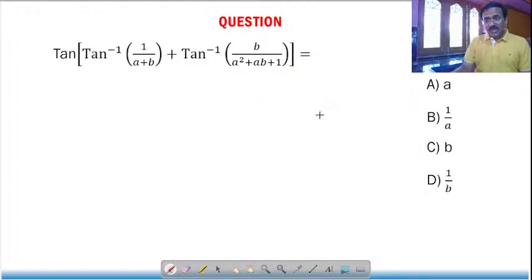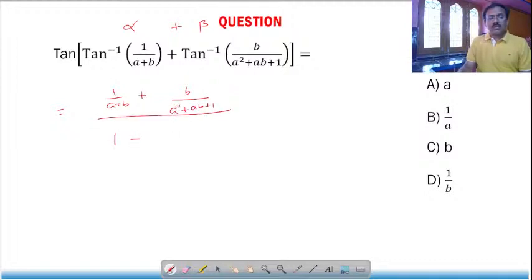You see, friends, here you can give some numbers for a and b. Rather, it is like alpha, it is like beta. Tan of alpha plus beta means tan alpha, which is 1 by a plus b, plus tan beta, which is b by a square plus ab plus 1, divided by 1 minus tan alpha tan beta, which is 1 minus b by (a plus b) into (a square plus ab plus 1).